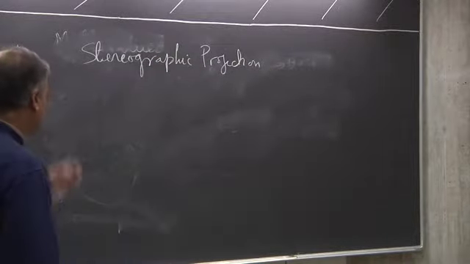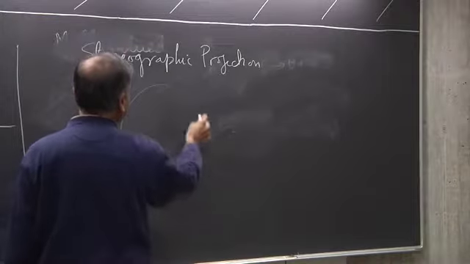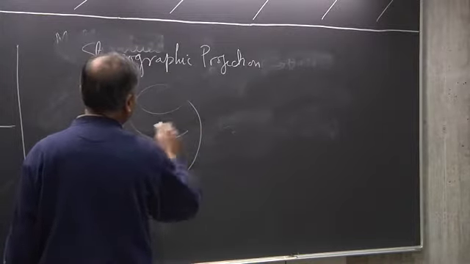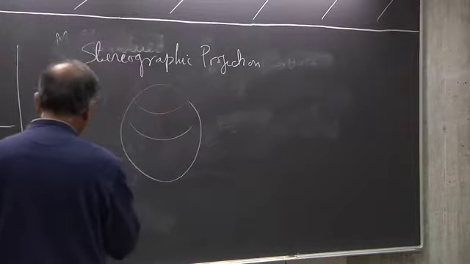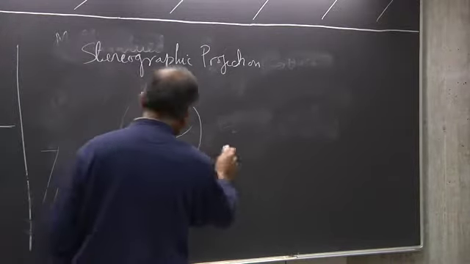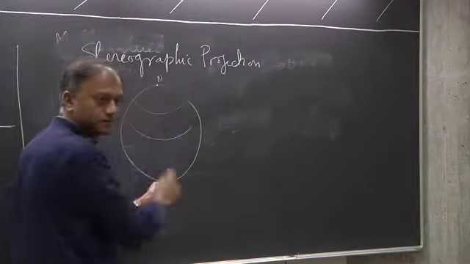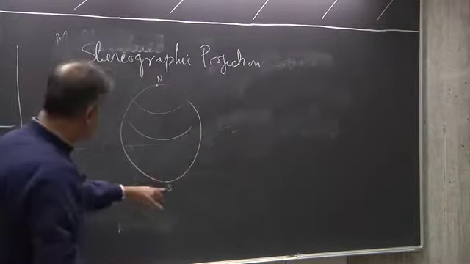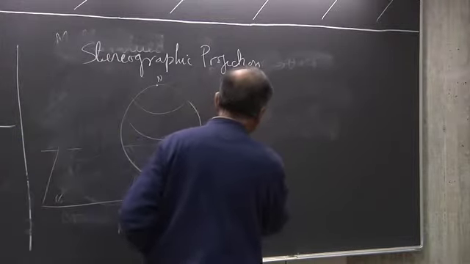Okay, and the idea is the following. Suppose I take a two sphere. This is a two-dimensional sphere, and put it on a plane. Let's call the bottom point the south pole, and let's call the top point the north pole of the sphere. The south pole exactly just touches this plane.